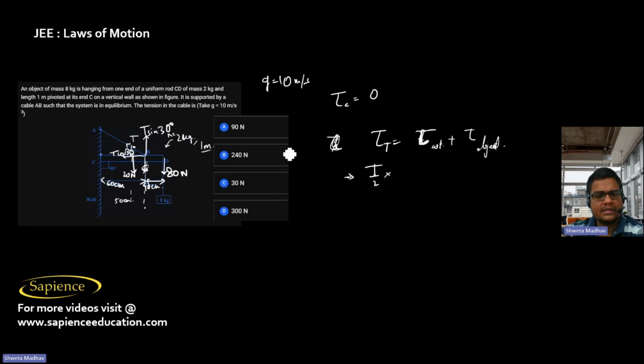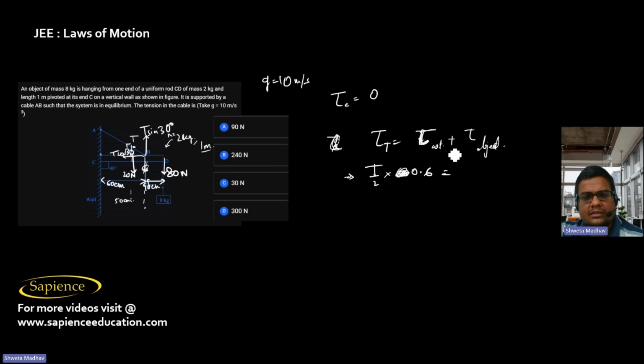So therefore this will be T sine 30, T by 2 into 60 centimeter, or I can say 0.6 meter, since torque is r cross F, and equal to the clockwise torque.